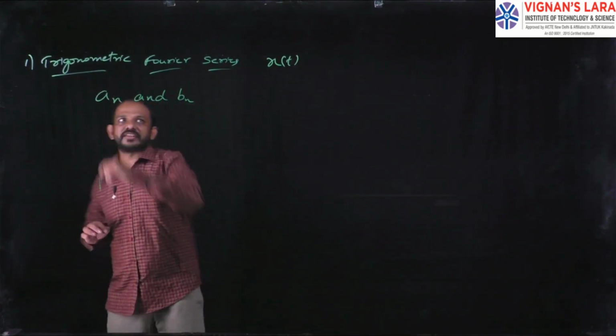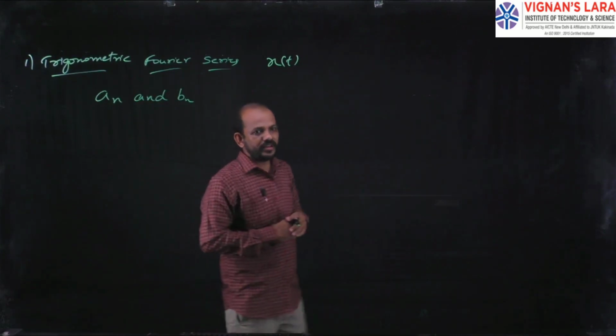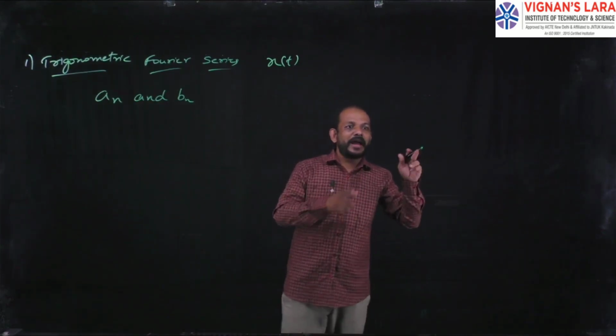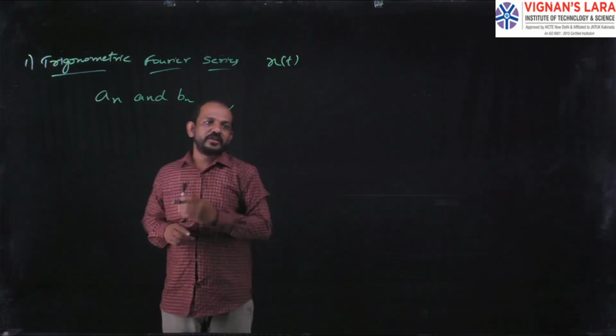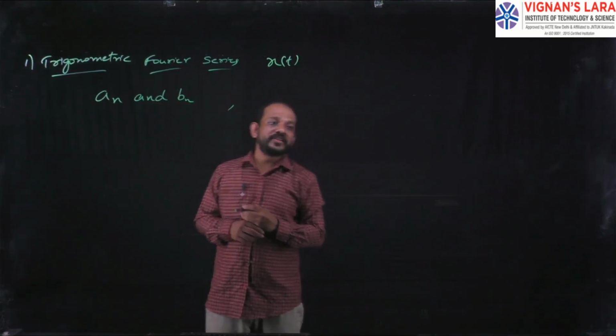That is, in this trigonometric Fourier series we have the positive and negative amplitude coefficients like an and bn, but with no phase angles.